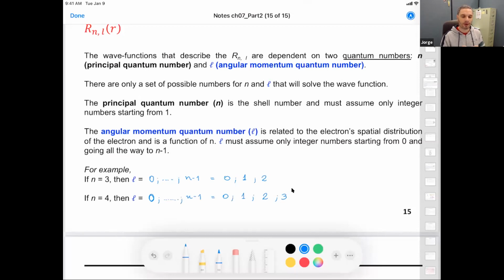Therefore, for shell number 4, there are 4 possible values of L: 0, 1, 2, and 3. Those values are the only ones that will satisfy the Schrodinger equation.